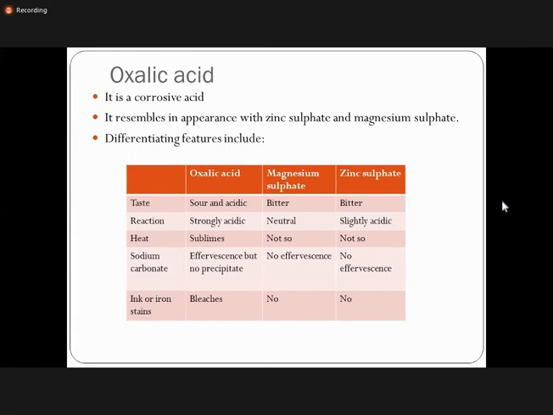The main thing that comes when we encounter a case with oxalic acid is that this substance resembles zinc sulfate and magnesium sulfate. Now, I know none of you would know what zinc sulfate or magnesium sulfate is, but I guess you might be familiar with something called the milk of magnesia.